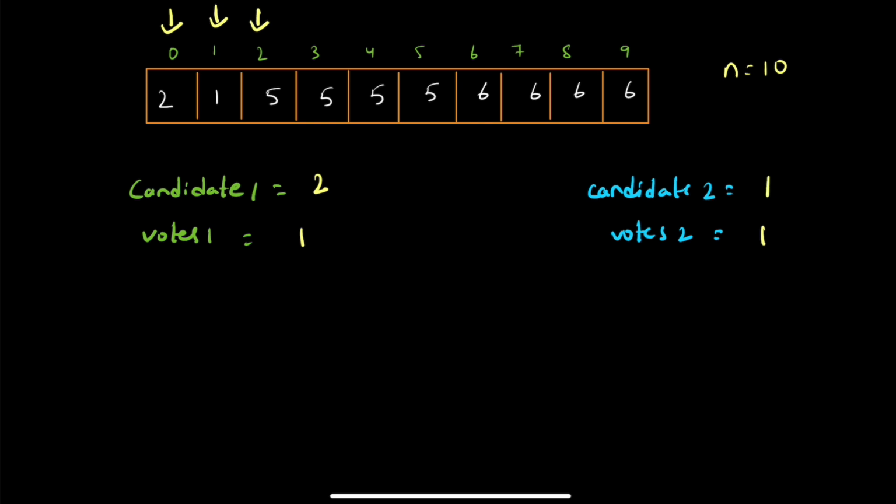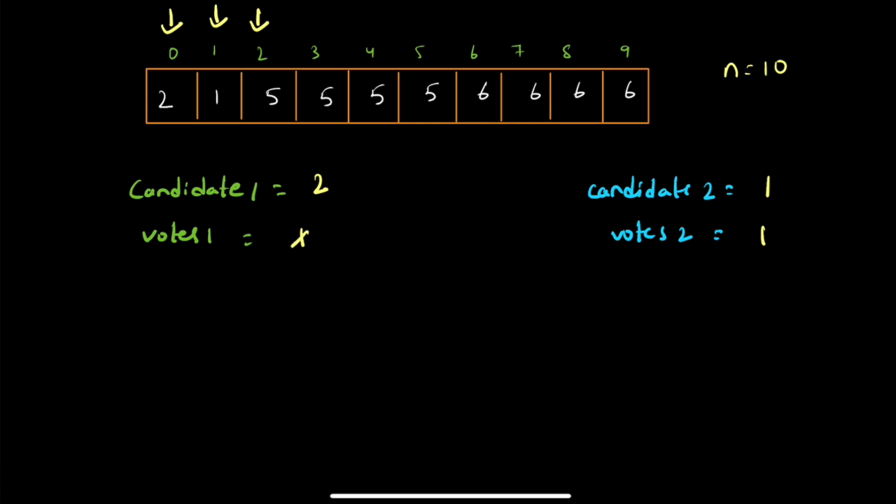Now for index number 2, the candidate is 5. Now we'll check whether 5 is matching with 2. No. Whether 5 is matching with 1. No. Now what does it signify? What we have assumed that candidate 2 or candidate 1 could be a potential candidate, that assumption was wrong. So what we need to do, we need to decrease both of their votes by 1.